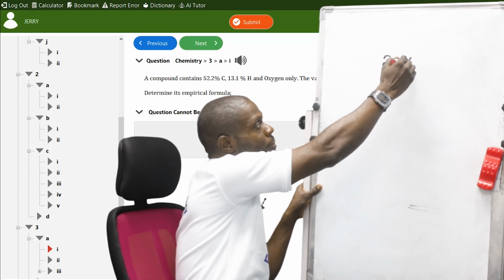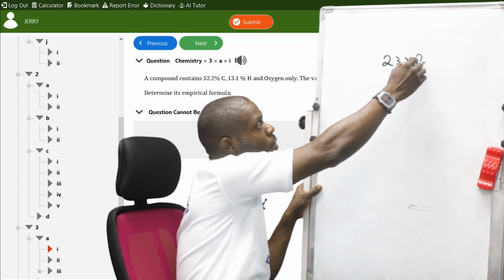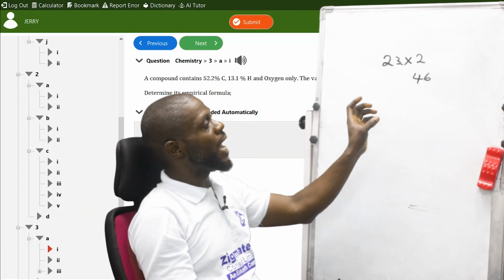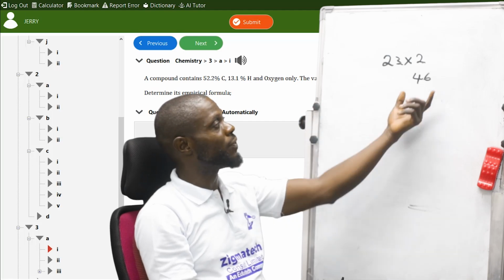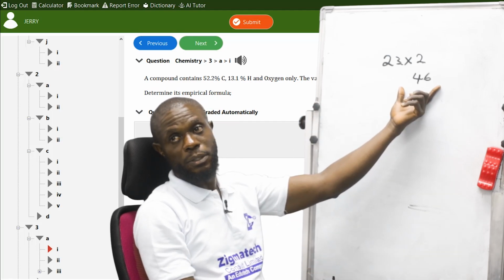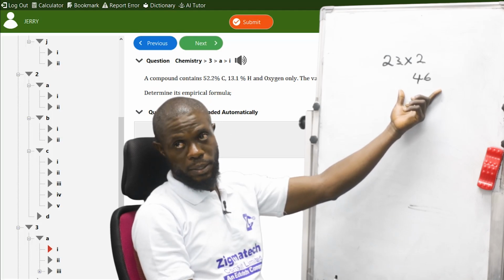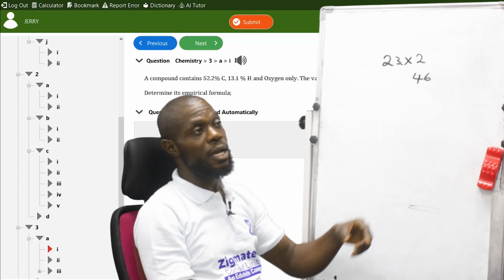So getting that will be 23 times 2, which is 46. So that means the actual molecular mass is 46. That's why the vapor density is 23.